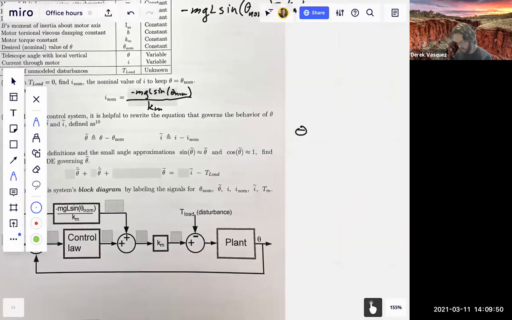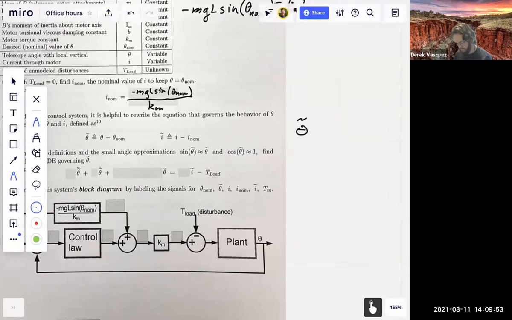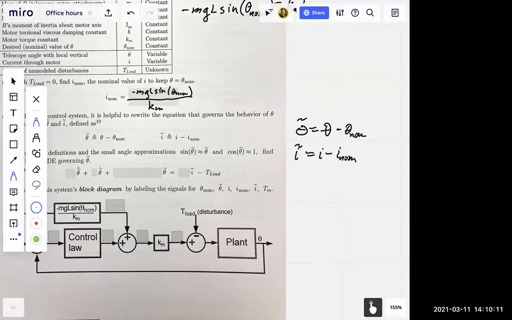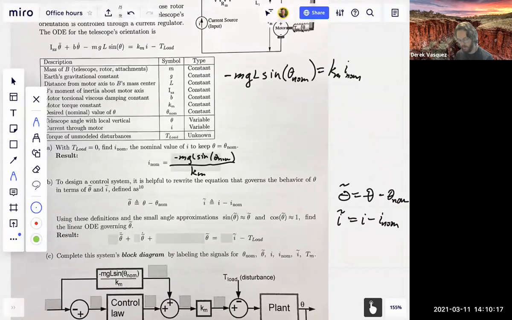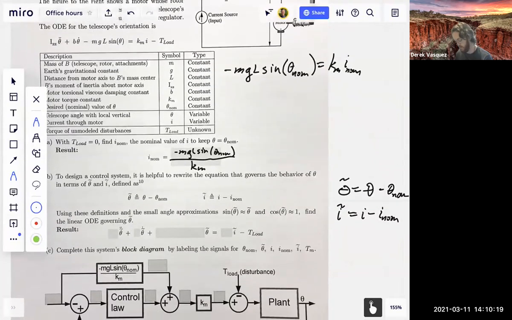So we are going to use those two relationships. We have theta tilde is equal to theta minus theta nominal, and our I tilde is equal to I minus I nominal. And we're just going to end up doing a substitution. So we're going to plug in our theta and I into that equation.